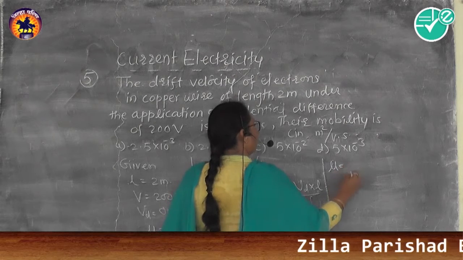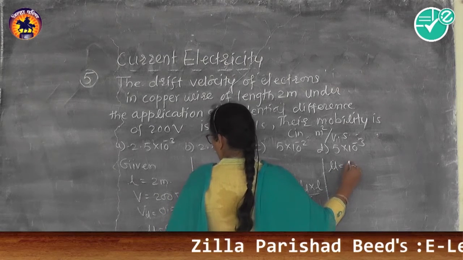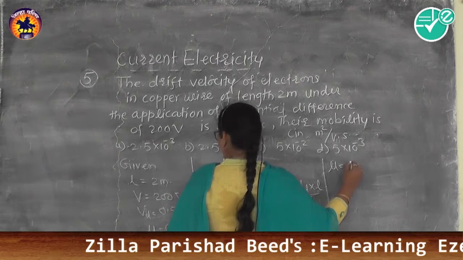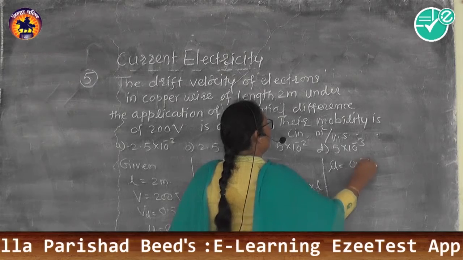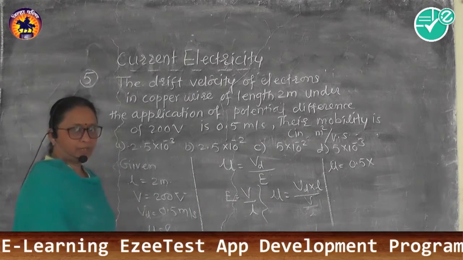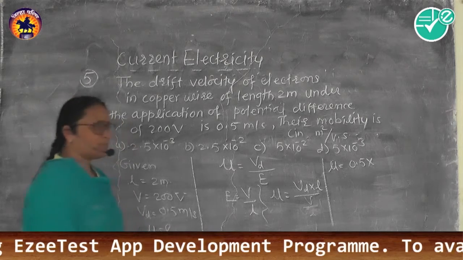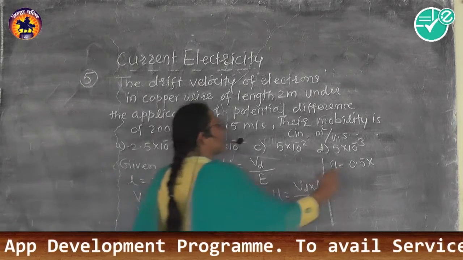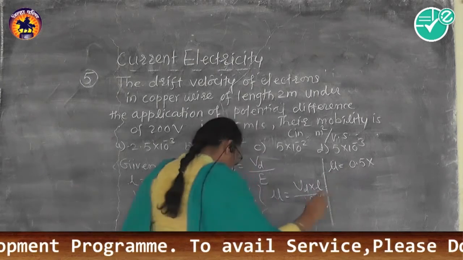Mu is equal to Vd, that is 0.5 meter per second. There is no necessity to convert any physical quantity into other, because already SI units are given.